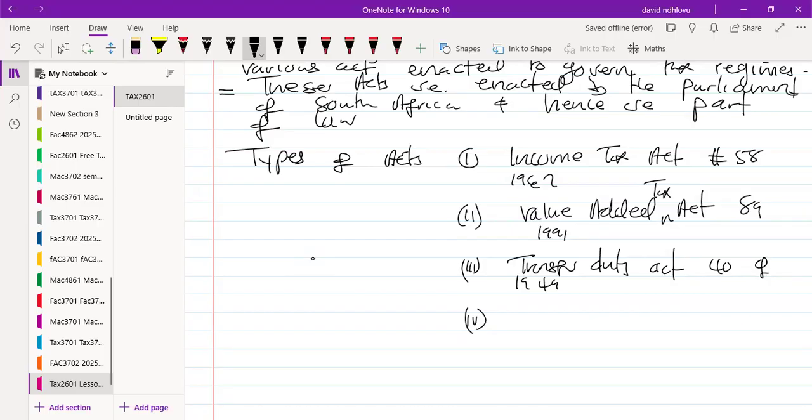We also have the Customs and Excise Duty Act, which was enacted in 1964.